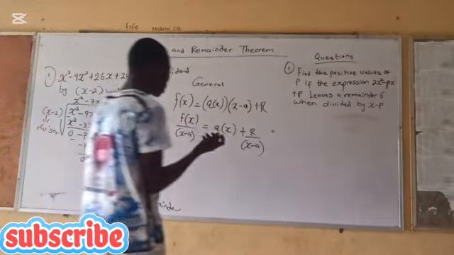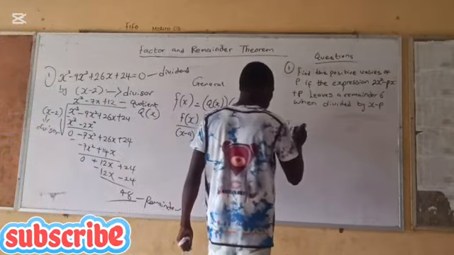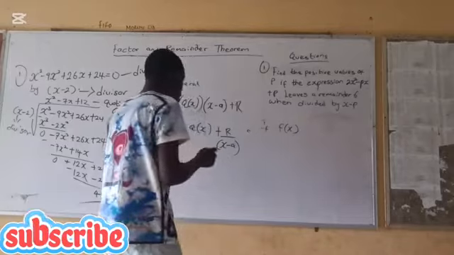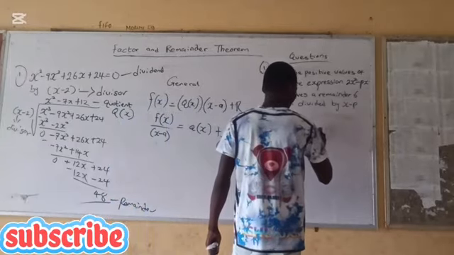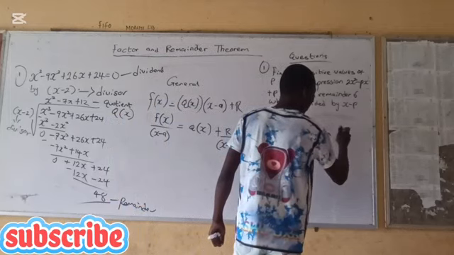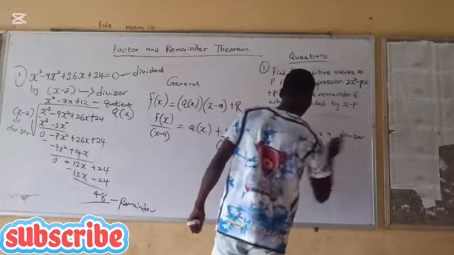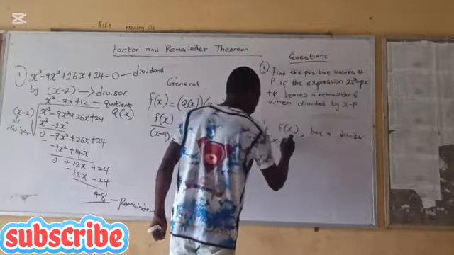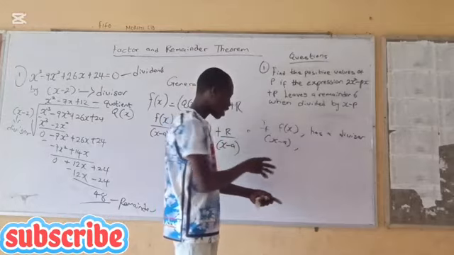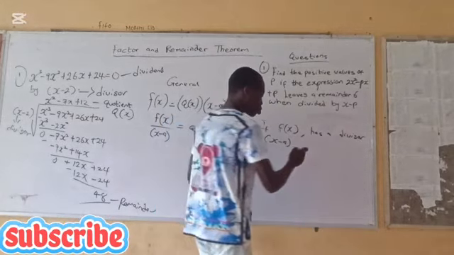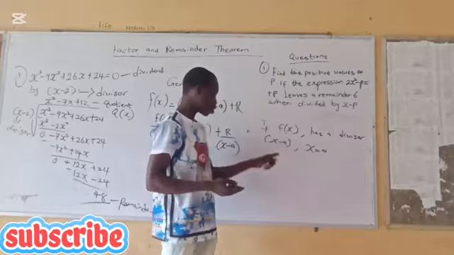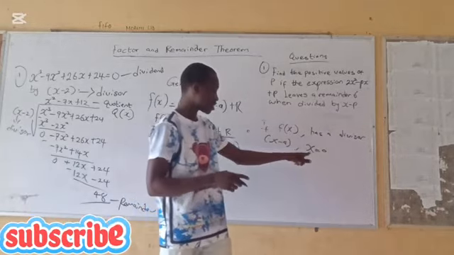The remainder theorem states that if a polynomial, which is represented by f(x), has a divisor x minus a, when we equate x minus a to 0, we are going to get x equals a.